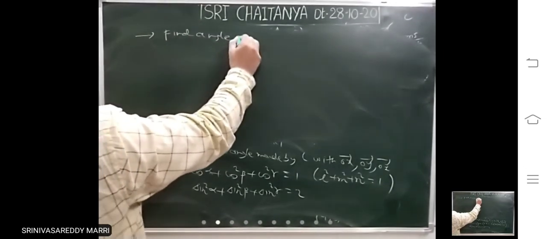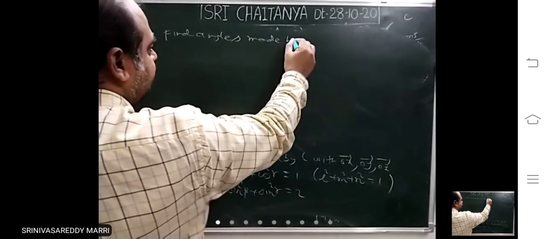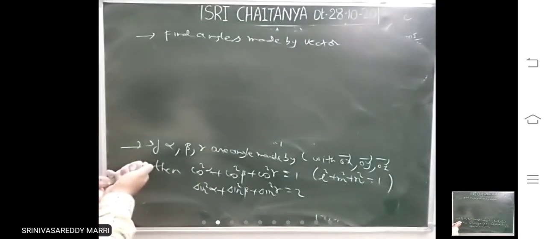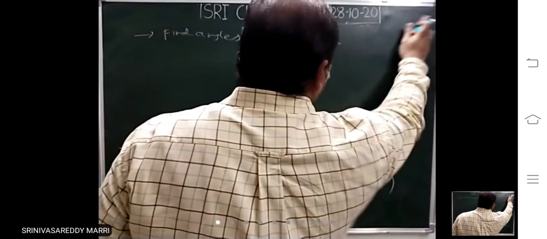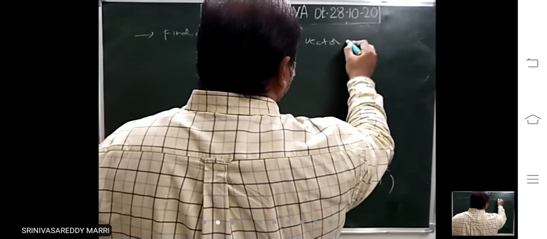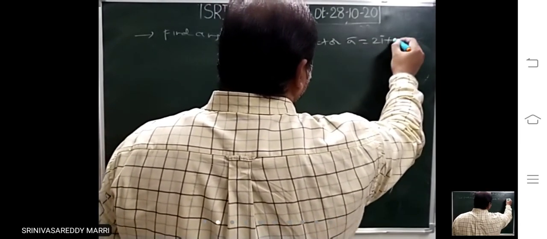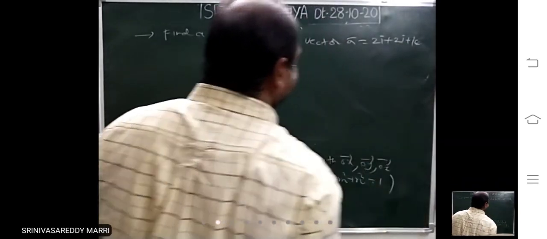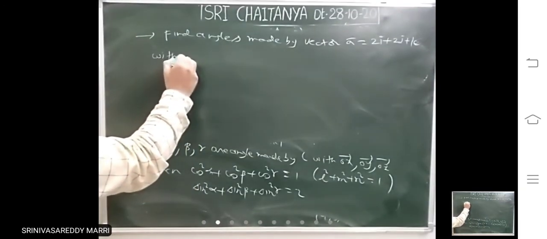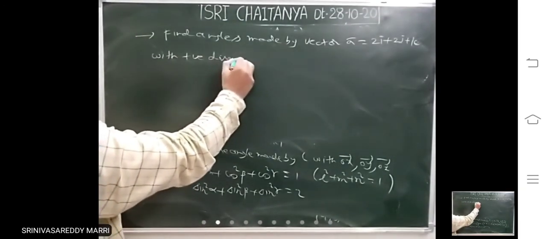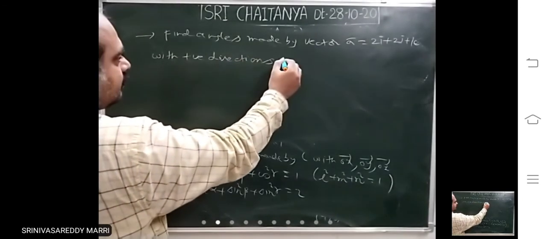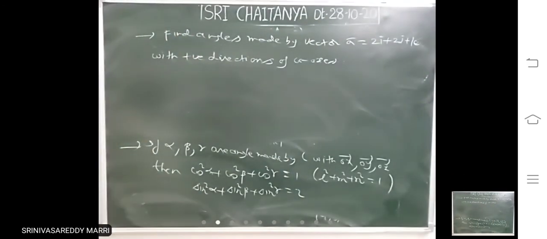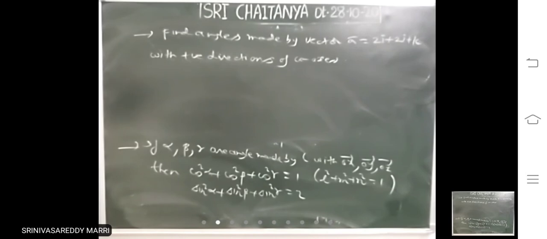Find angles made by vector A bar equals 2i plus 2j plus k with positive directions of coordinate axis.